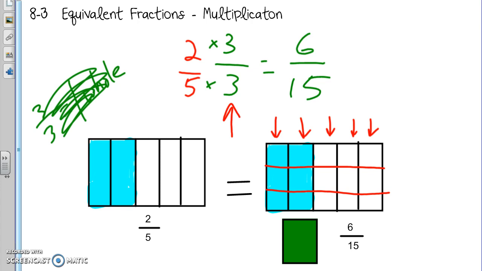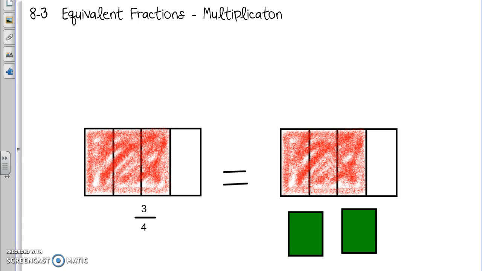Let's try another one. You might remember this fraction and image from 8-1. This is 3/4. We're going to use multiplication to find an equivalent fraction. And you can multiply by anything, as long as you're multiplying the top number and the denominator by the same thing.